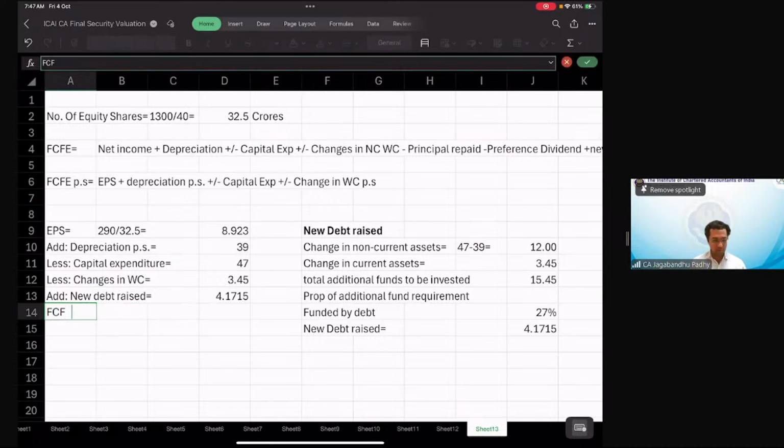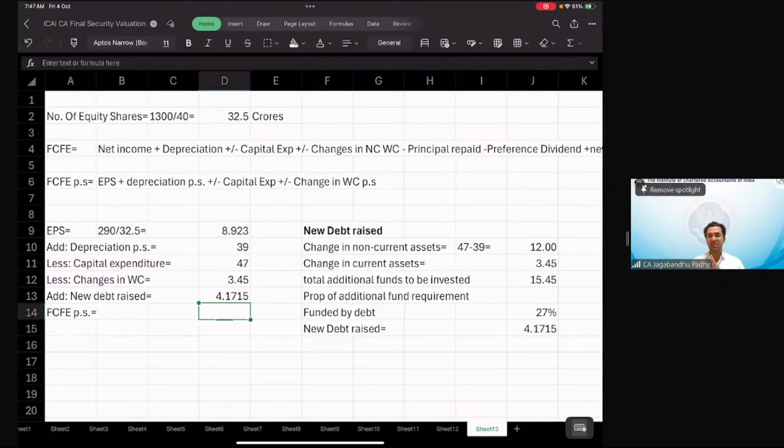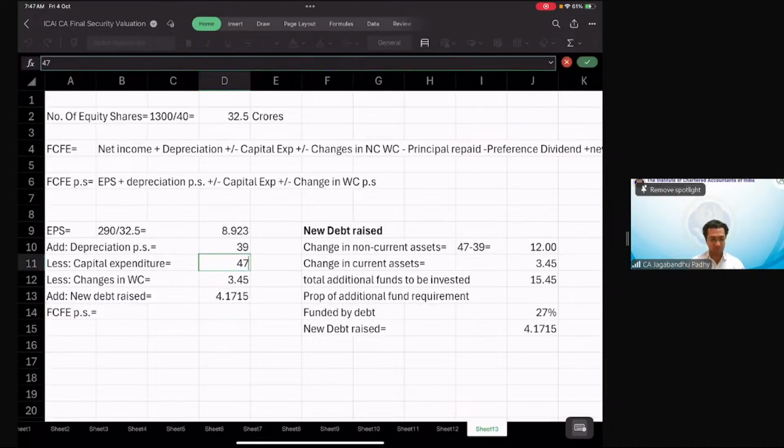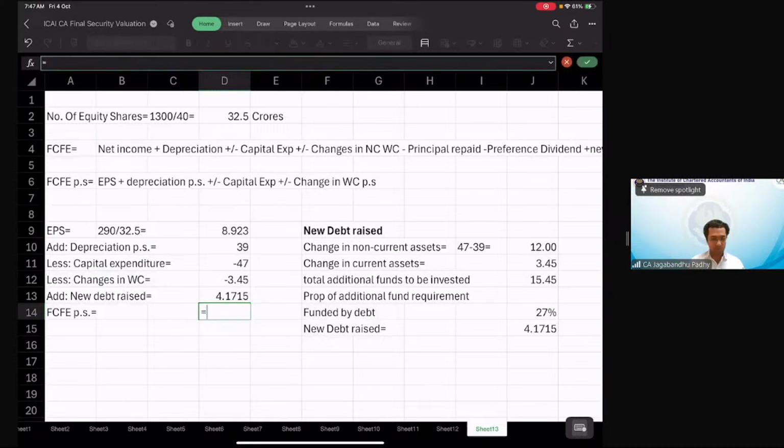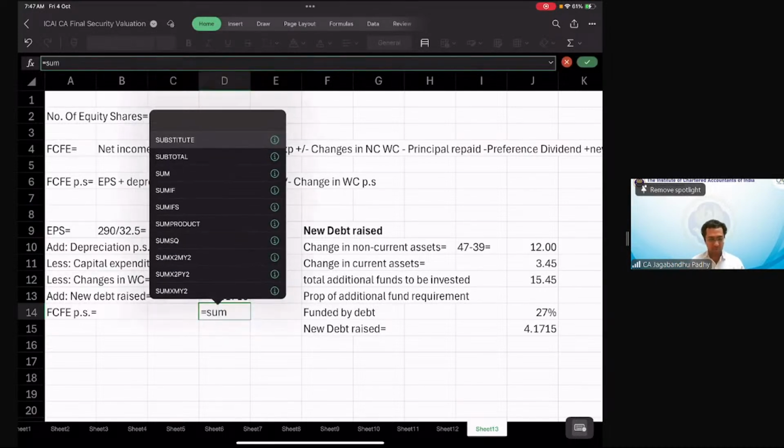There's no adjustment of preference dividend in this case. So of course, this is going to be a subtraction. This is also going to be a subtraction.